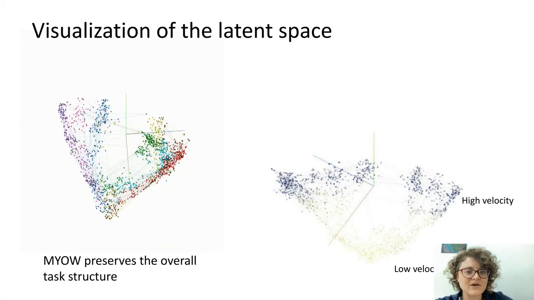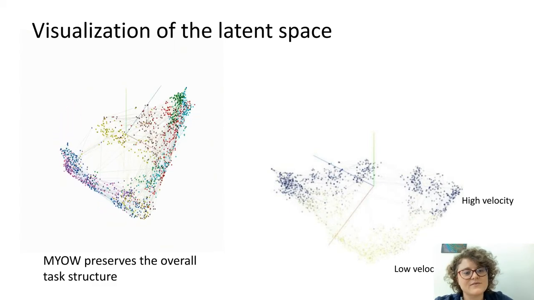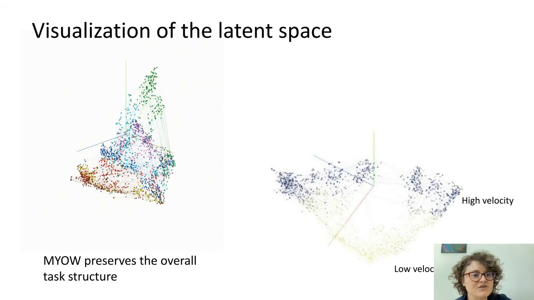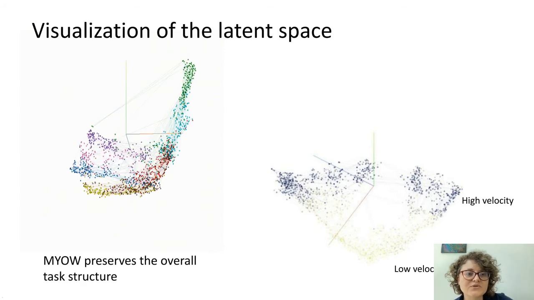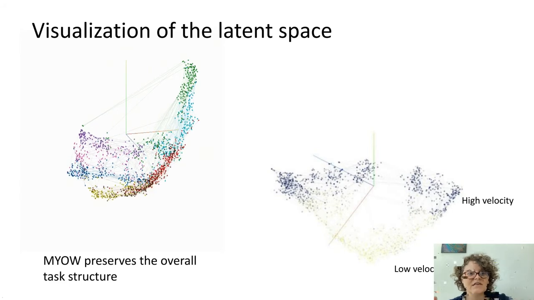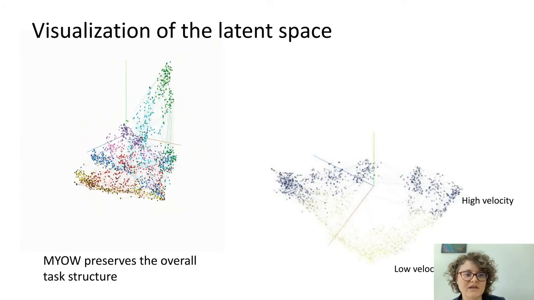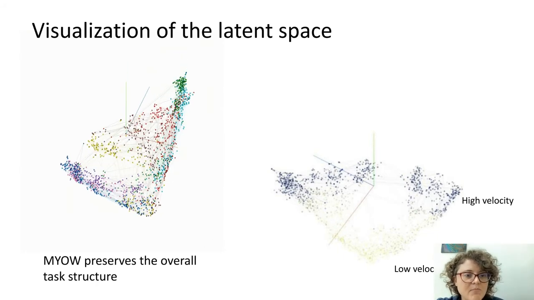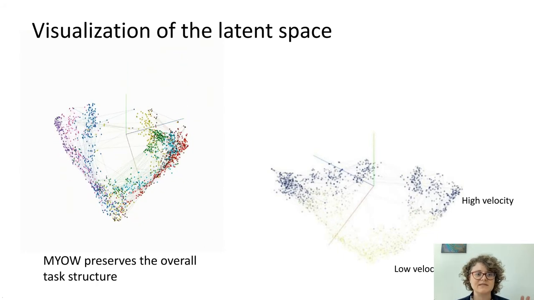And these are just now zooming in on the representations of the data in 3 dimensions and showing that we can both preserve the different reach directions, which I'm showing here over on the left, where all the different points are color-coded by the actual reach direction. We're showing nice separability.